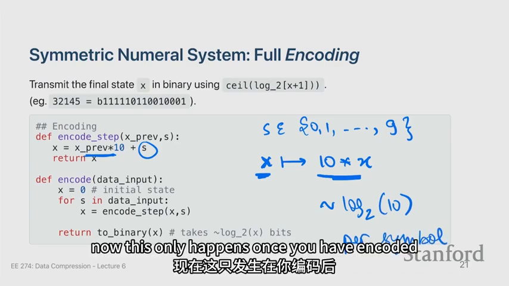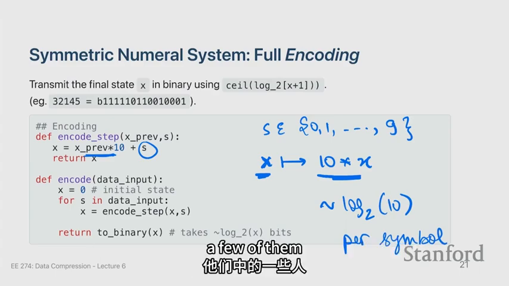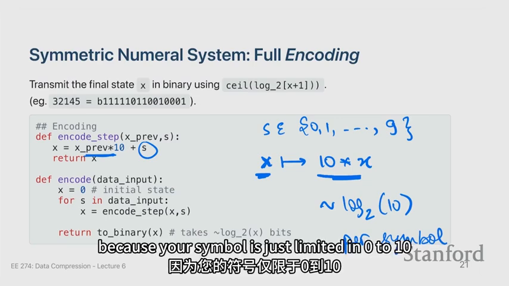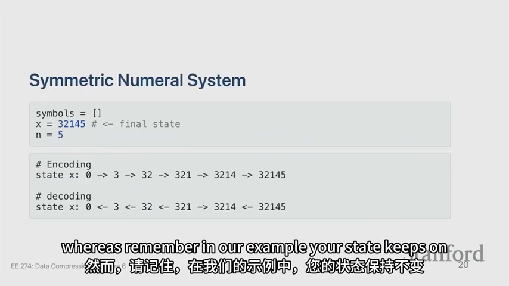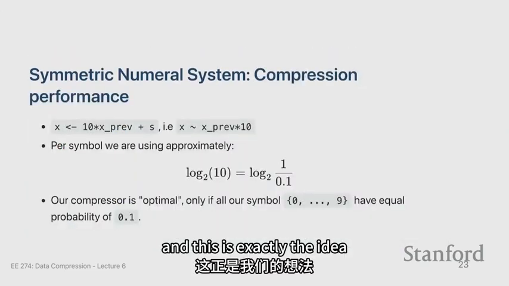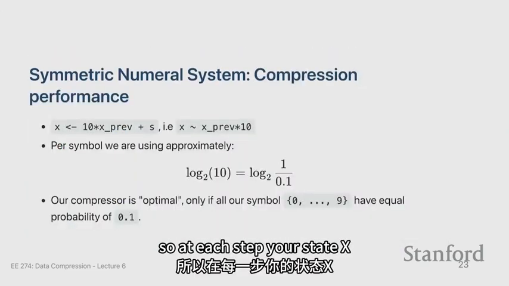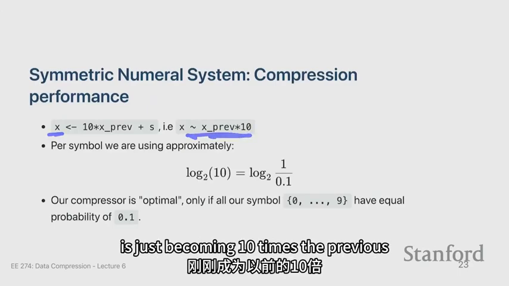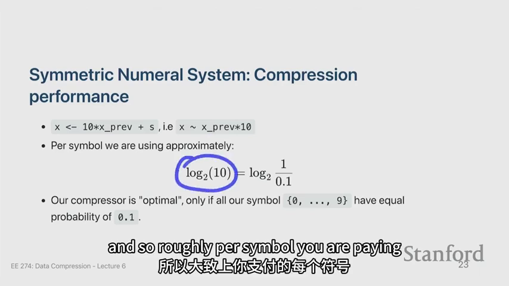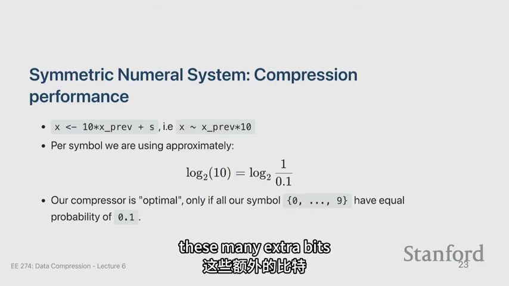Now this only happens once you have encoded a few of them. For the first few symbols, this won't be true, but you'll reach that stage very fast because your symbol is just limited to 0 to 9, whereas in our example, your state keeps on growing, right? And this is exactly the idea. At each step, your state X is just becoming 10 times the previous. And so roughly per symbol, you are paying these many extra bits.